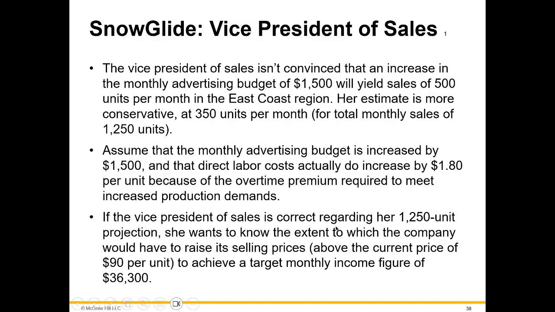If the Vice President of Sales is correct regarding her 1,250 unit projection, she wants to know the extent to which the company would have to raise its selling prices to still achieve that 36,300. So this is another what-if scenario.